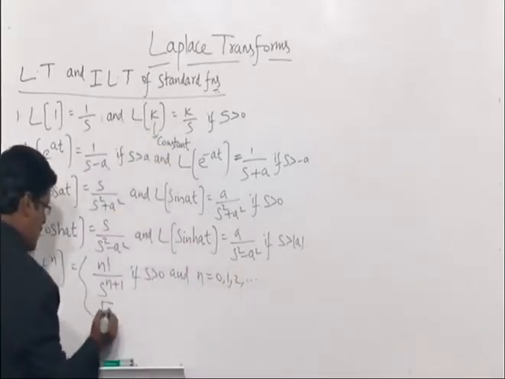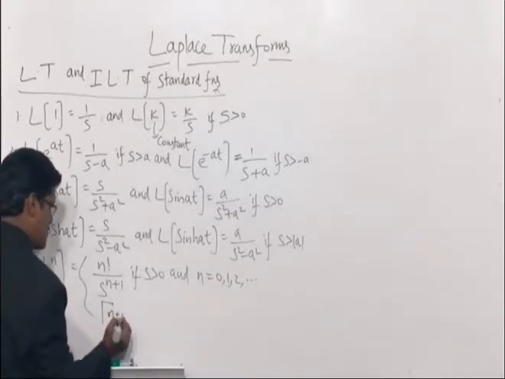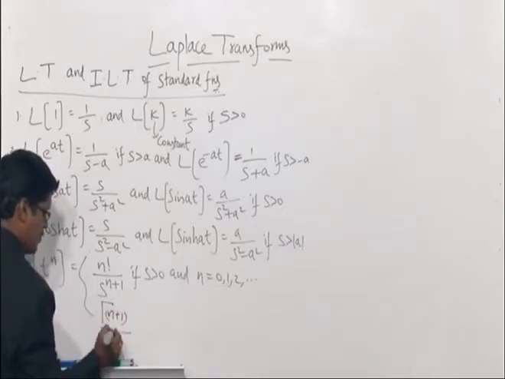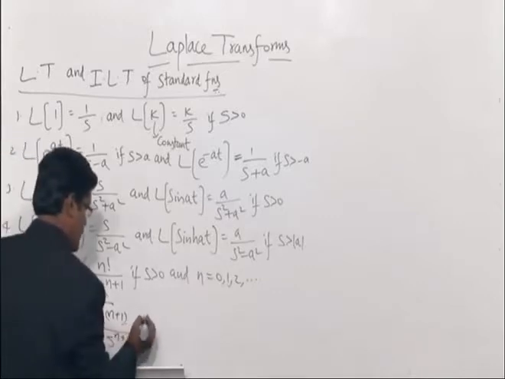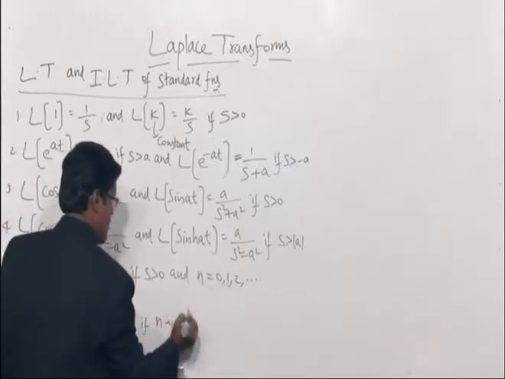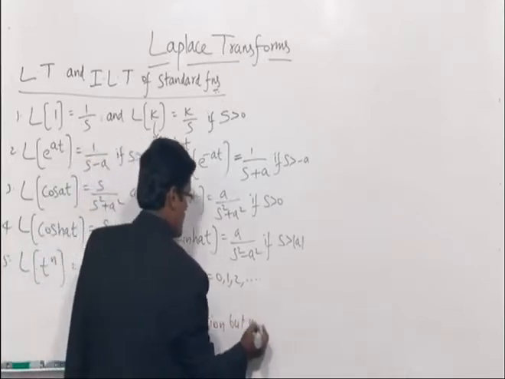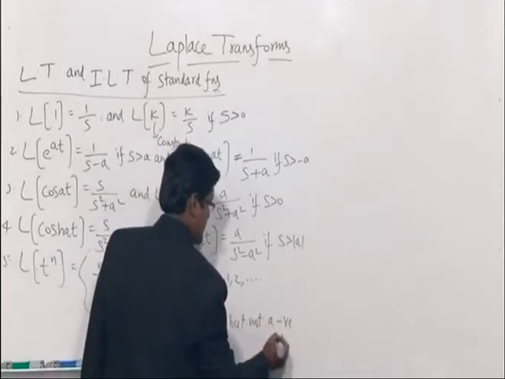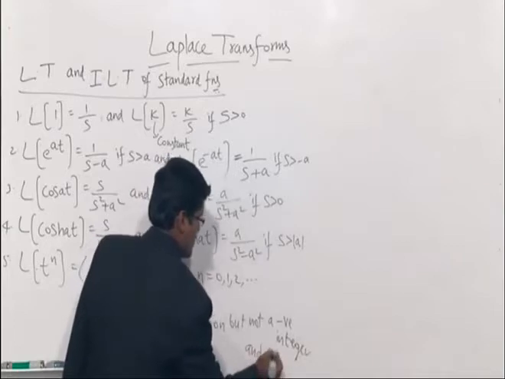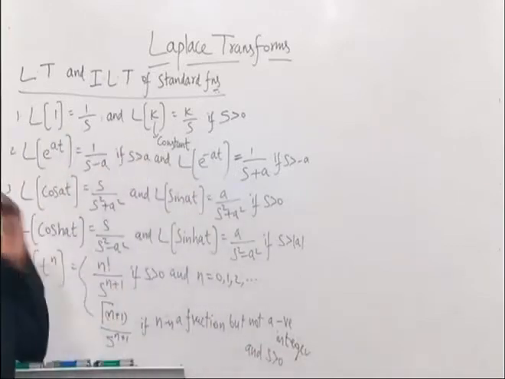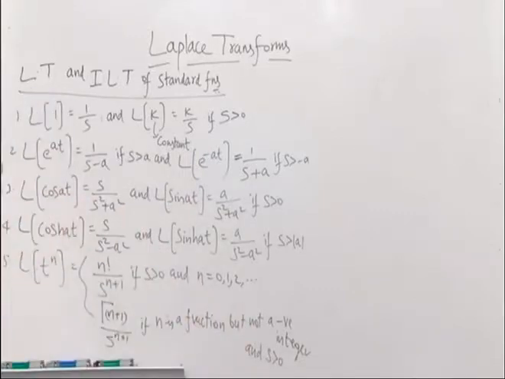Other case, gamma of n plus 1 divided by s power n plus 1 if n is a fraction but not a negative integer and s greater than 0. So with those s values assumed against each formula, only then that Laplace exists, the right side answers. Okay.